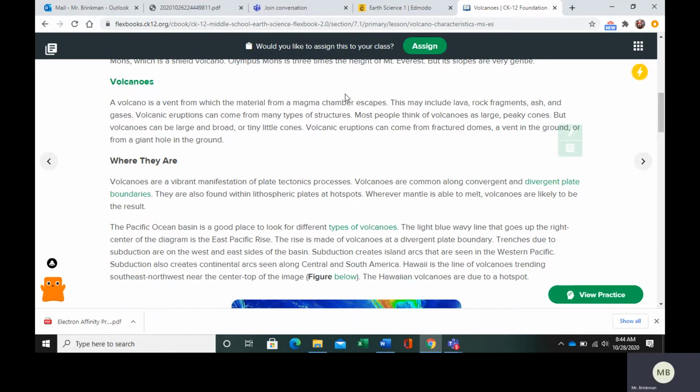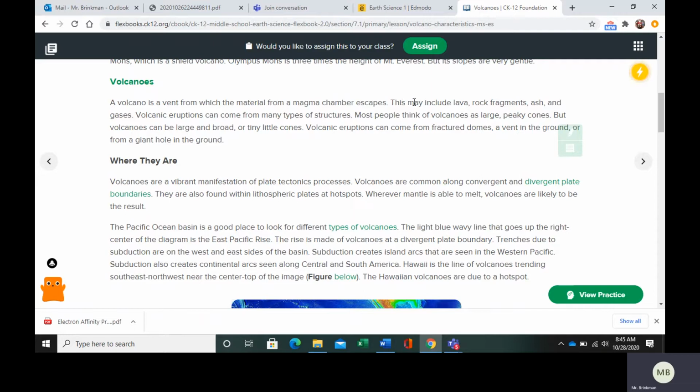When it comes to the surface, it's actually called lava. So when it's underneath the surface, it's called magma. When it comes above the surface, we call it lava.